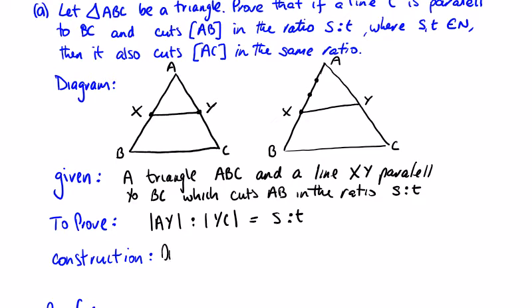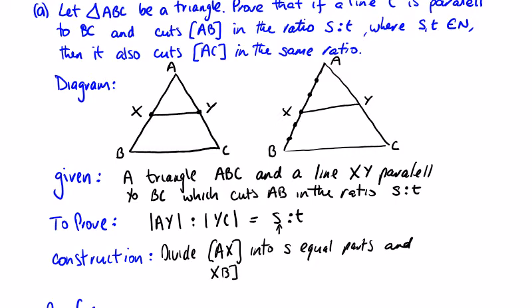So divide AX into S equal parts, and XB, try to do 3 there as well, XB into T equal parts.